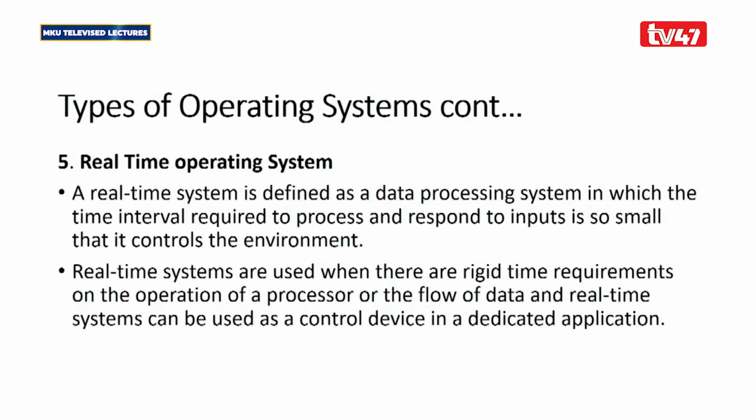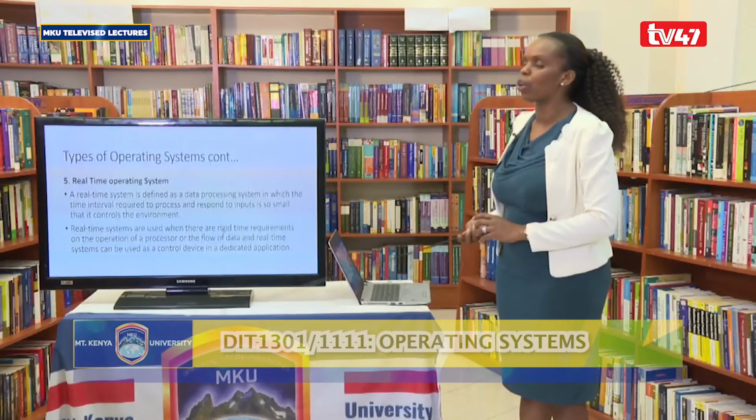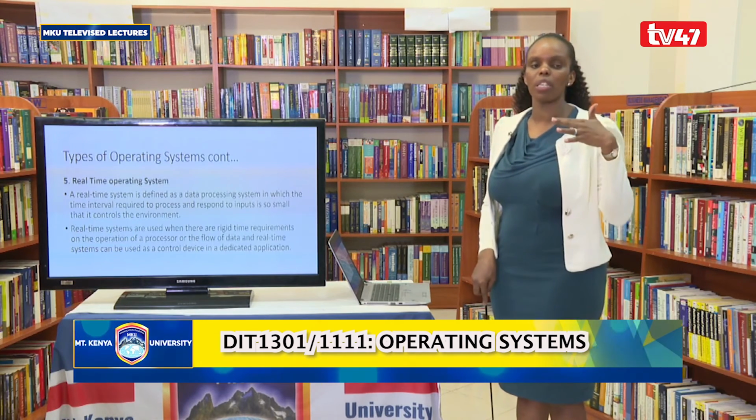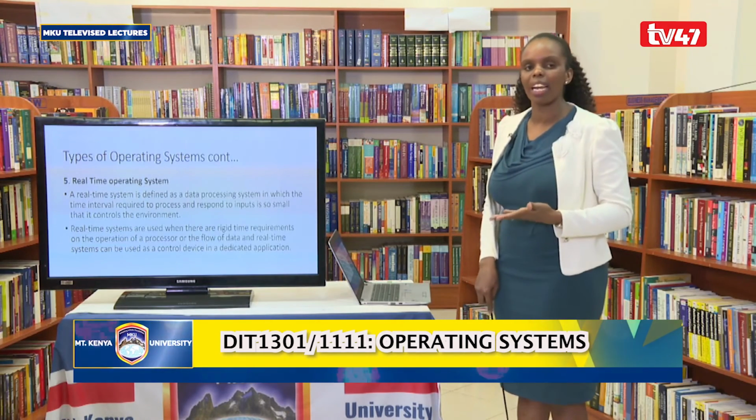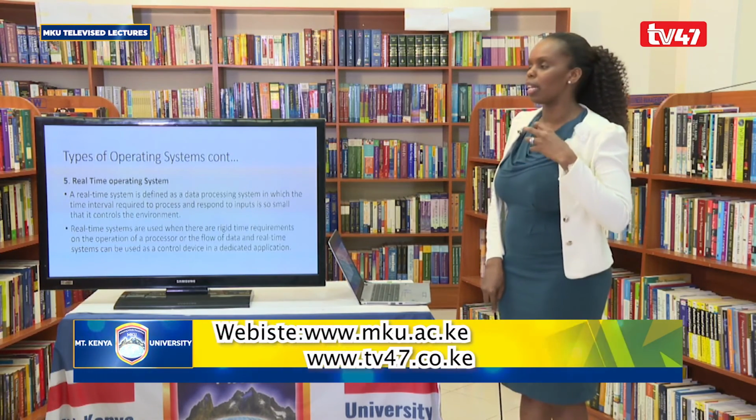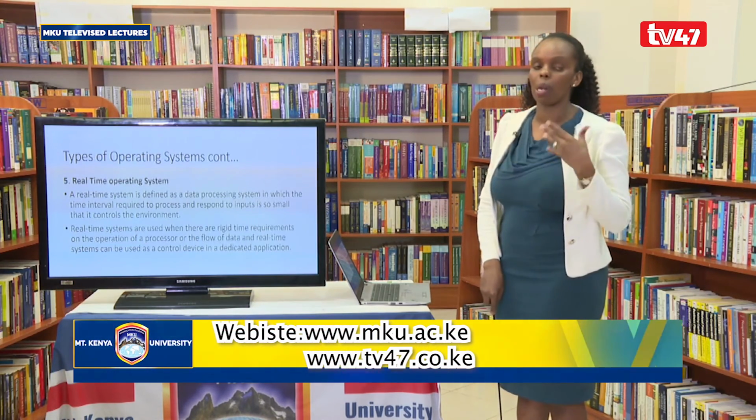Maybe time can mean maybe a modification is being done or something, especially for things like elections and such like things. You may require a real-time kind of operating system whereby whatever is being done is streamed on a live basis, whereby something is being relayed exactly at the same time where it's happening.